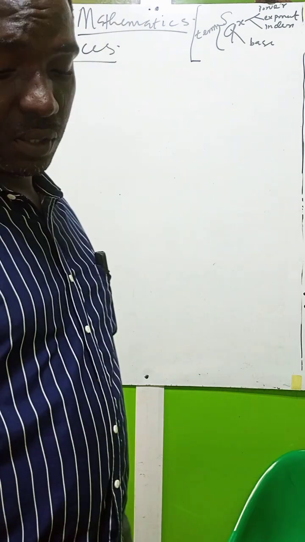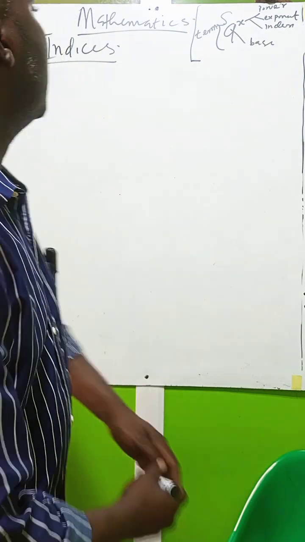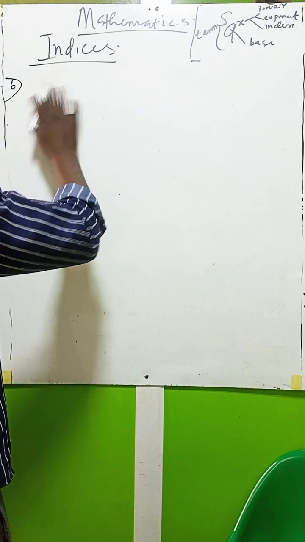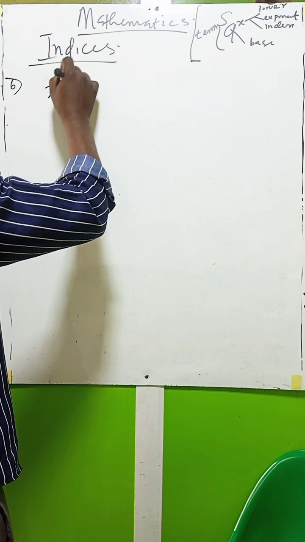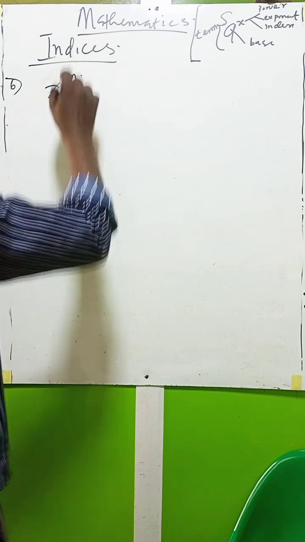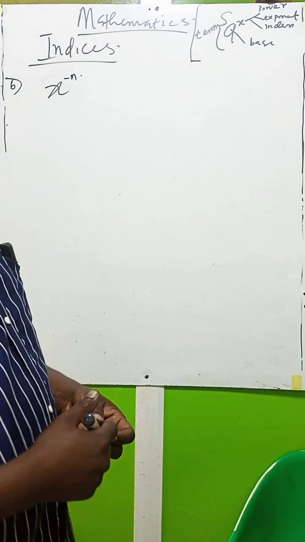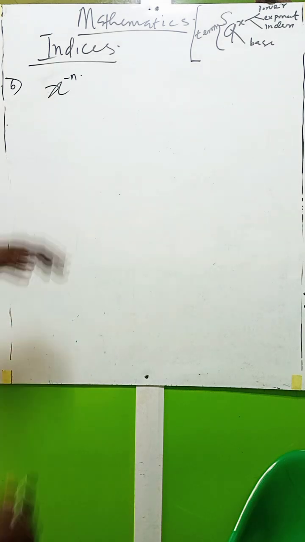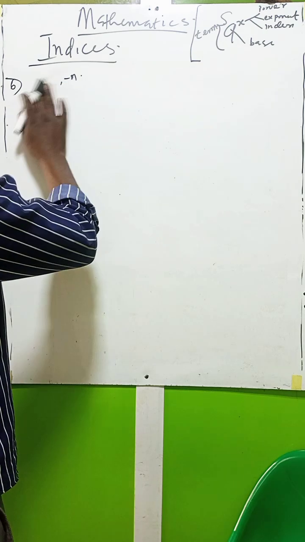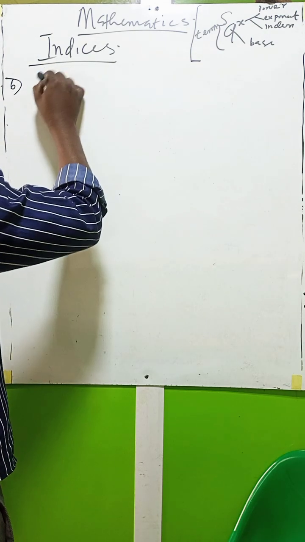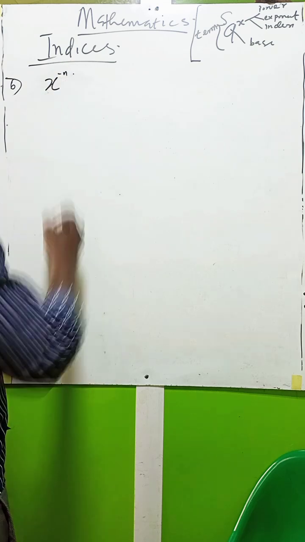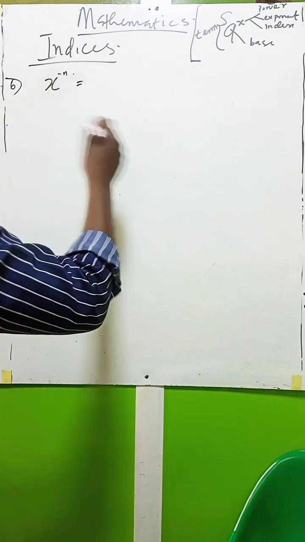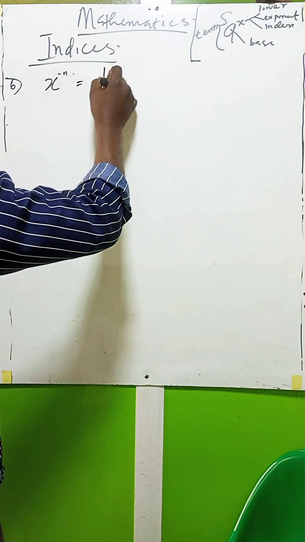Now, law number 6 states that if a term is carrying a negative power, x raised to power minus n, a term carrying a negative power, then the result will be 1 over x raised to power n.